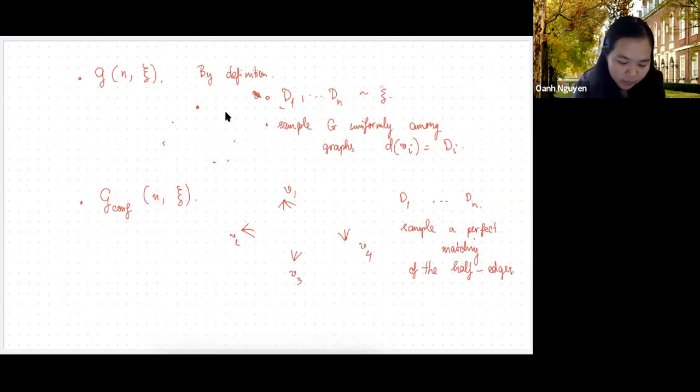And there is an important result that G(n, xi) is contiguous to the configuration model.